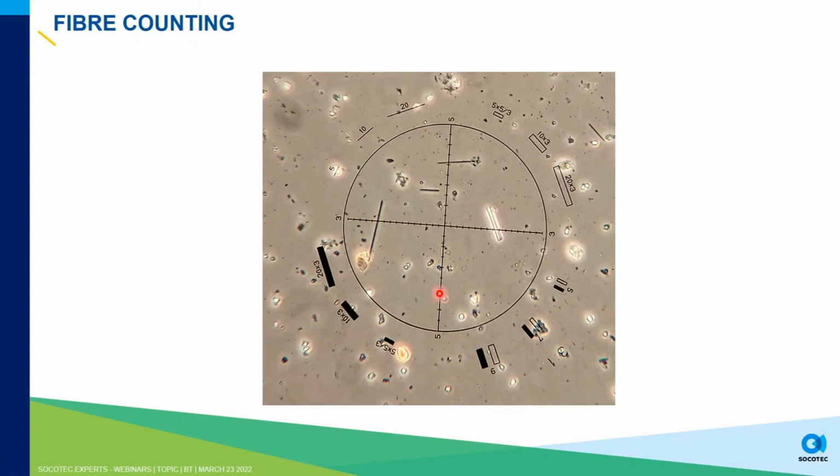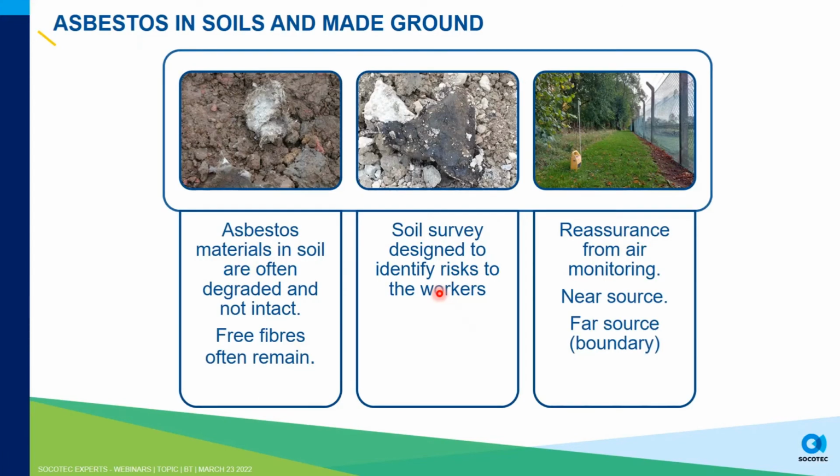So one obvious example is outdoors. Okay, so contaminated land sites, asbestos in soils, etc. On these sorts of sites, there is often asbestos that has been buried historically. That material degrades over time, and the fibres literally become free. And when the work is undertaken on the soil, there's the potential for the fibres to become airborne and released into the air.